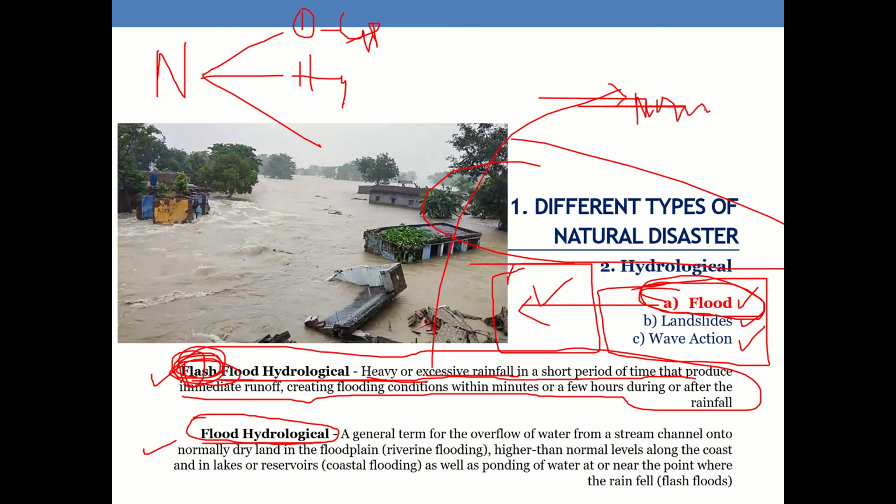For example, the recent flood that I remember, or maybe many of you will remember, is the Chennai flood. Chennai flood is not this flash flood. That was different. What we experience in our cities is primarily because of the flash floods.